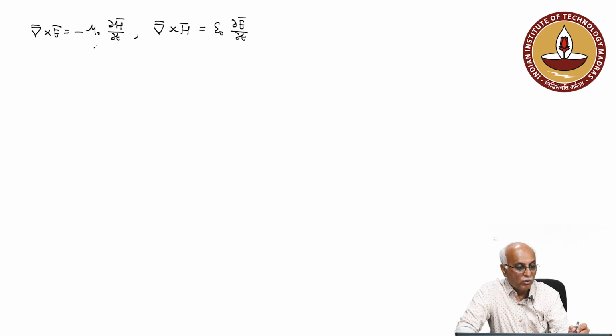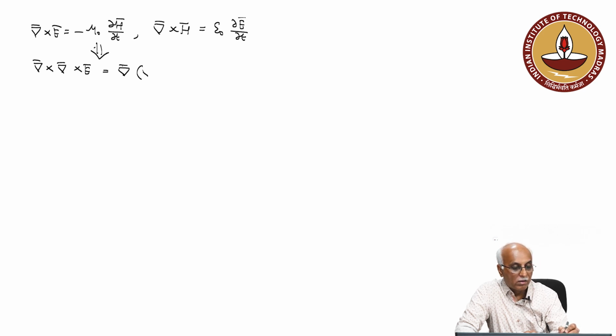Then using the other two equations, we can derive the electromagnetic wave, and for that we use the vector calculus approach. So we know that del cross del cross E bar can be given by del dot del E bar minus del square E bar.